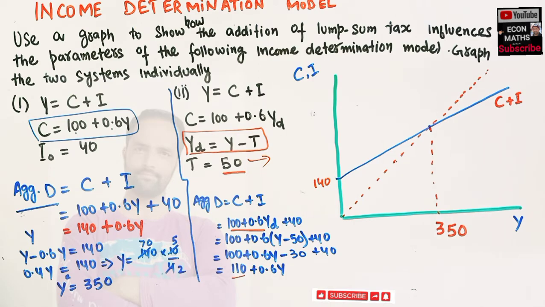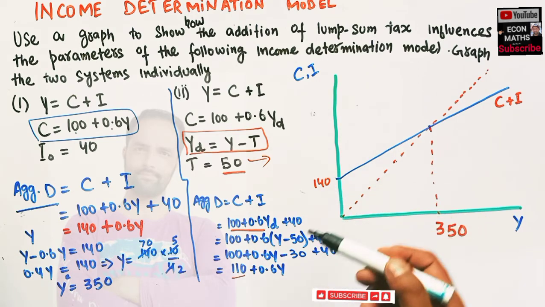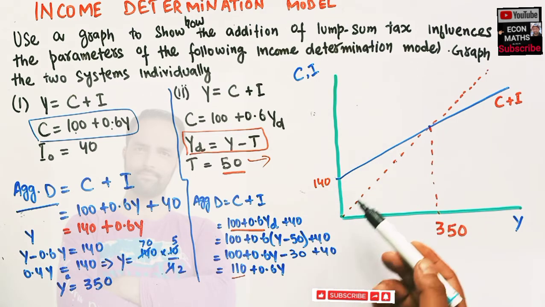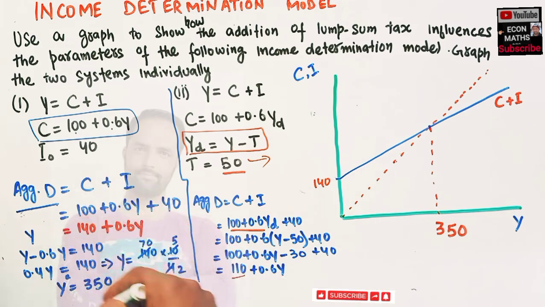That means our new aggregate expenditure will look like this. This time you can see the intercept is only 110. Let's draw it. It is parallel to the earlier aggregate expenditure schedule. Why? Because we have the same slope of 0.6 here.